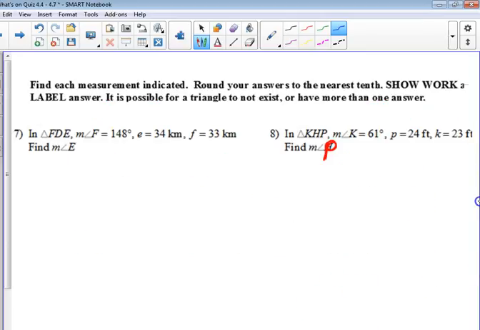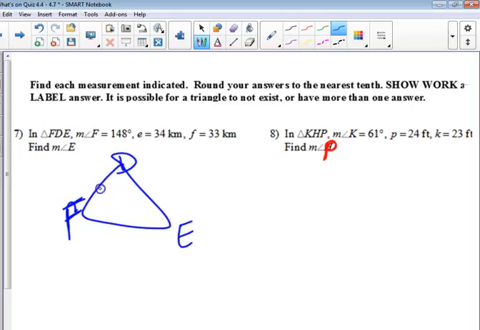I have a couple examples here. The first one is really kind of tricky, but it says you have a triangle FDE. Sorry, that's really scribbly. F is 148, side E is 34, and side F is 33. Do you see where that's that situation, angle side side? Okay.